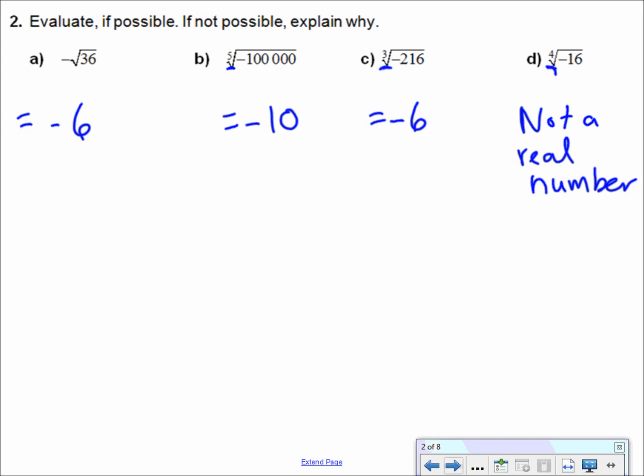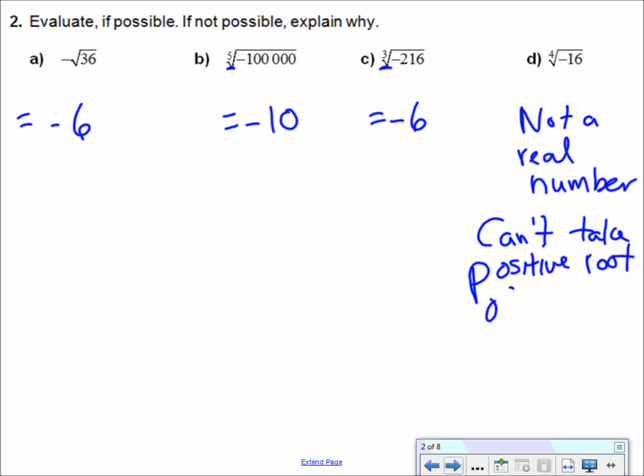As soon as I have an even root like 4, I cannot take the root of a negative number.